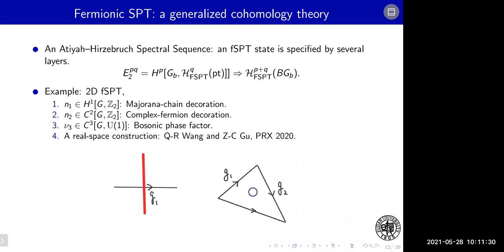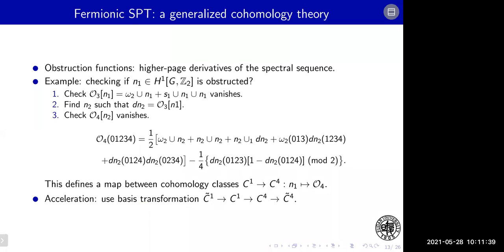We can also generalize this to fermionic SPT phases. I think I'm running out of time, so I have to skip some details. For fermionic SPT phases, the most difficult part is to compute some obstruction functions that essentially are linear maps between two linear spaces.